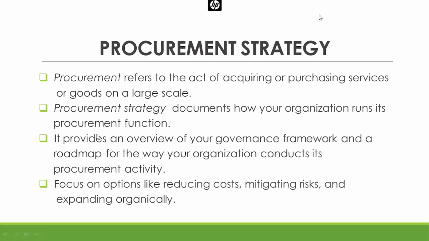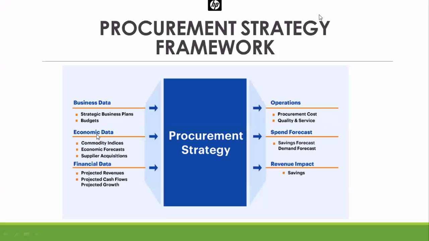And then on the next slide. So this procurement strategy framework, actually it's an IPO model. So wherein your procurement strategy is your process. No? So the first component is the business data. So you're going to consider the strategic business plans and budgets.